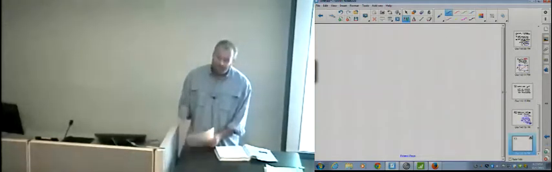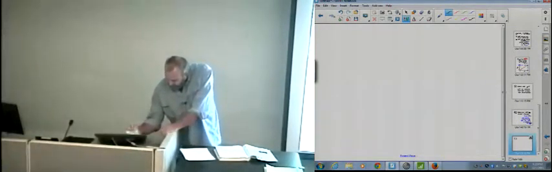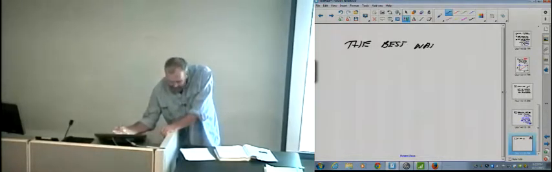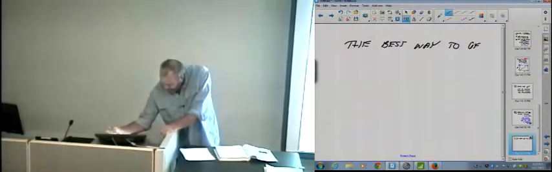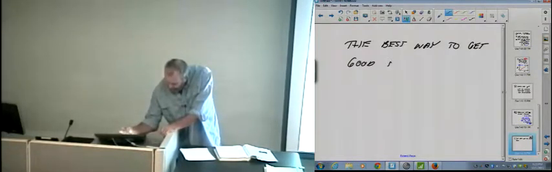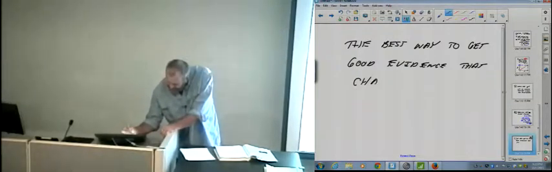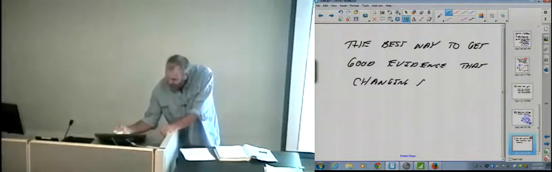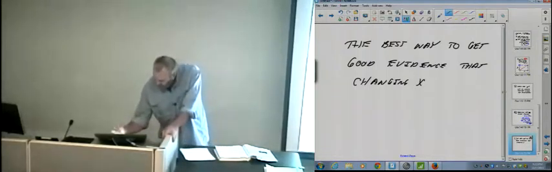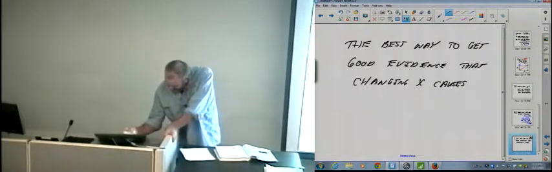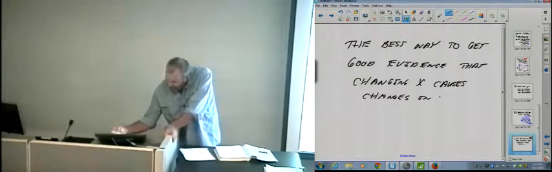This is leading us to future chapters. The best way to get good evidence that changing X, I'm just going to give it to you in terms of X and Y, changing your explanatory variable causes changes in your response Y, right?